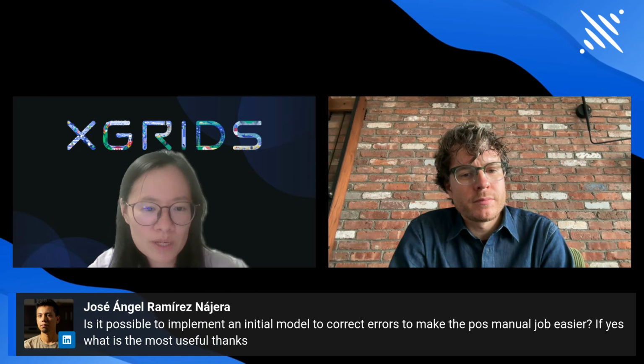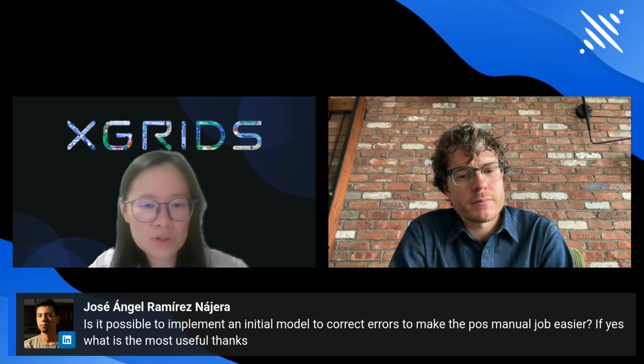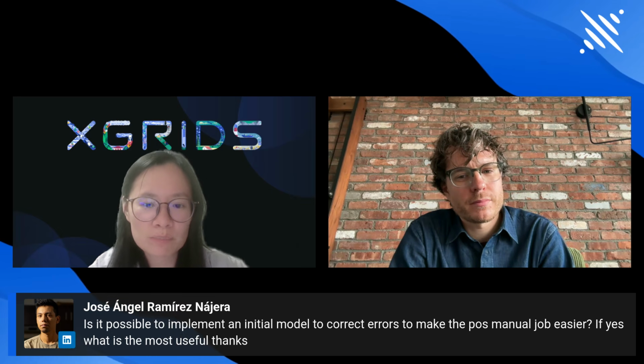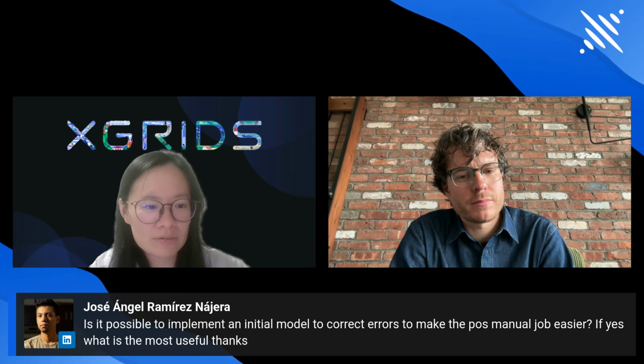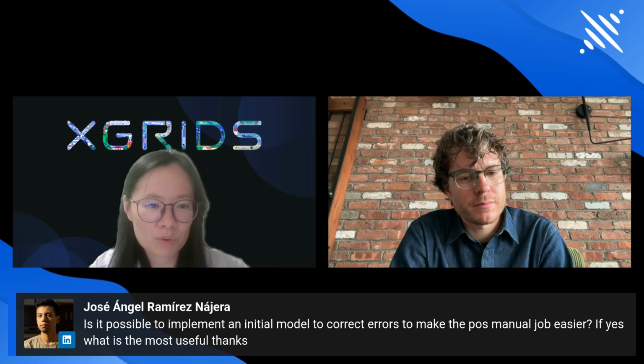Is it possible to implement an initial model to correct errors to make the post-manual job easier? If yes, what is the most useful?